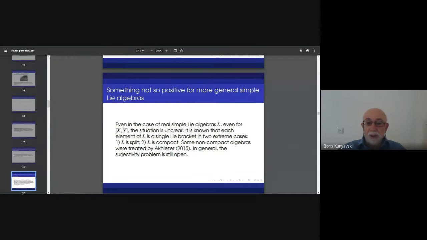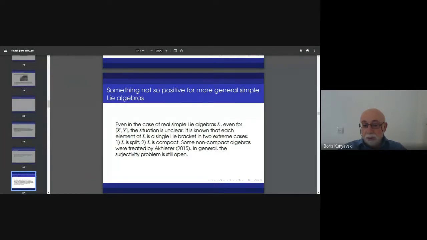Each particular case, you can apply some trick, but in general there is no algorithm. They cannot prove that the problem is algorithmically unsolvable, of course. But there is no practical algorithm to prove or disprove the existence of a real point on a given real algebraic variety.